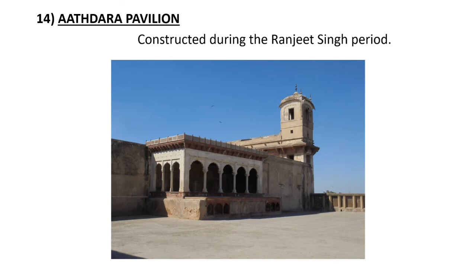Beside the Basant scenes, there are Holi scenes. Holi is another religious festival like Basant, which is also a religious festival of the Hindu religion. So beautiful paintings can be seen inside.